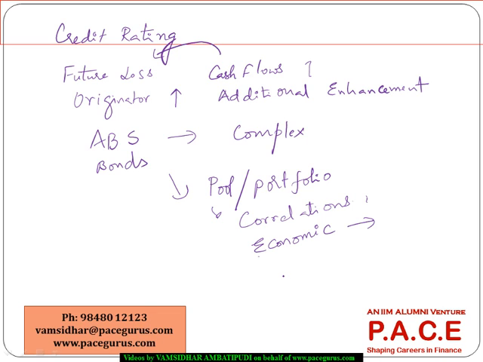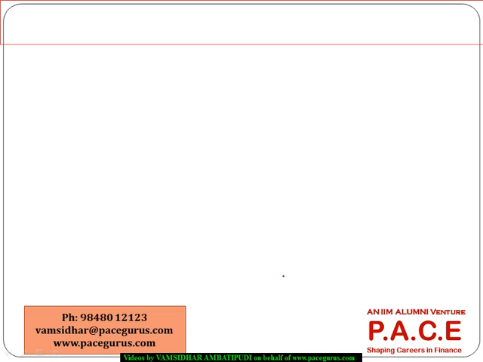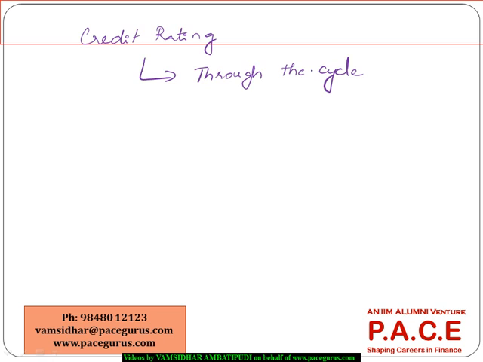One more thing that is expected is that any credit rating given should be through the cycle. The reason is that real estate as a market has a booming phase as well as a falling phase.